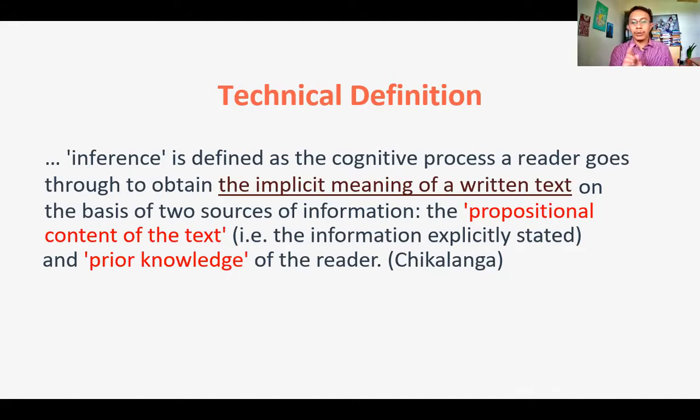And to these two elements, I would like to add external knowledge. So you can get implicit meaning of a text by using the text itself, using your prior knowledge, and also your outside knowledge. It means you will need to read from a book, you need to look it up in the dictionary, or you can go online to find information to help you understand the implicit meaning of a text.